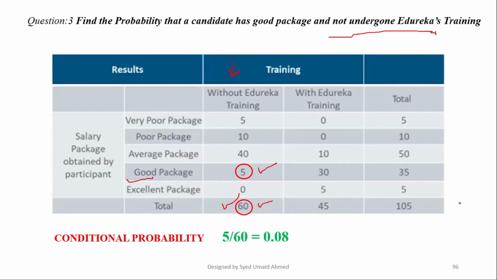We are not taking the total of 105 because the condition said that the candidate has a good package, given that he has not undergone Eureka's training. The total candidates having a good package are actually 35, but the condition says not undergone Eureka's training, so they are only 60. So what I am doing, 5 divided by 60, that is conditional probability.